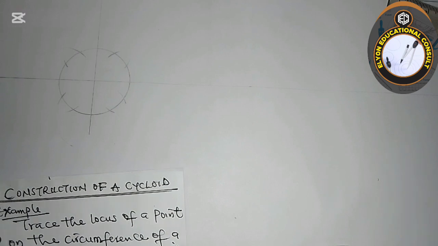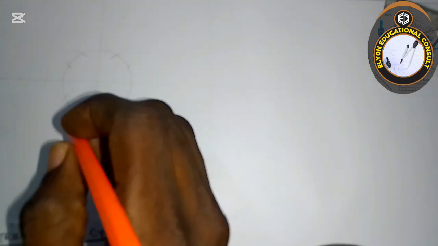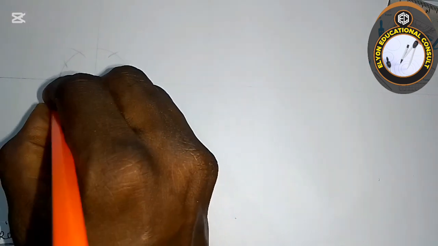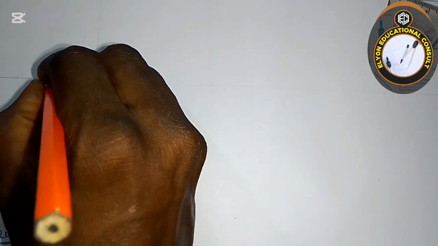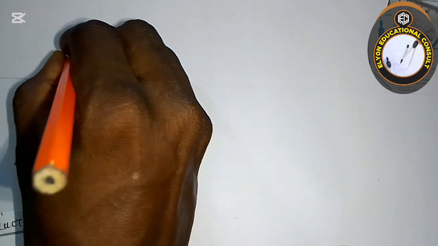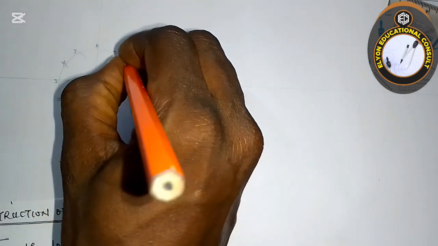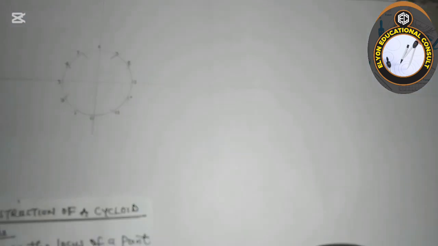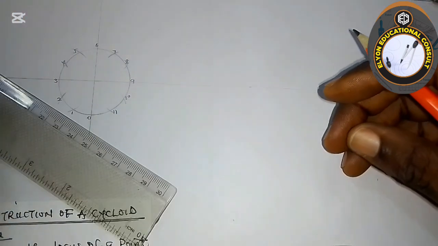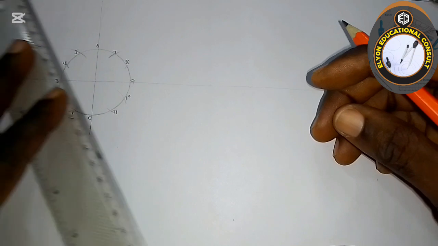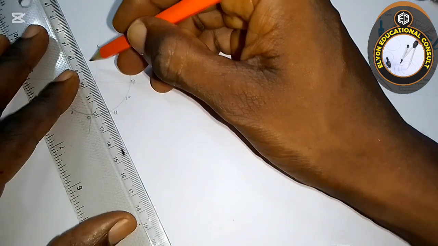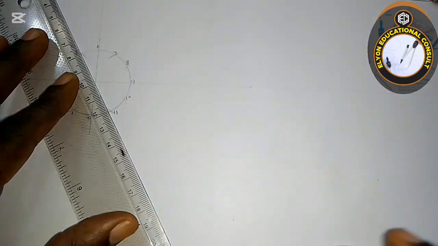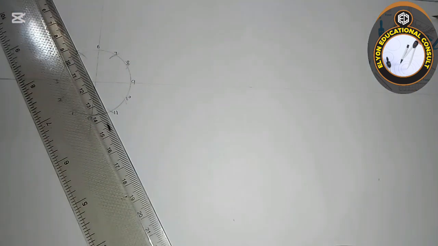Let's give this side 0, 1, 2, 3, 4, 5, 6, 7, 8, 9, 10, and 11. So from here now, we are going to join 5 and 11, passing through the center.